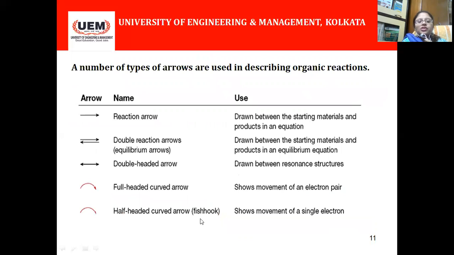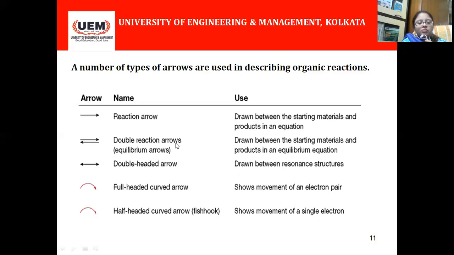Now, these are some types of arrows that we will use randomly when we discuss different organic reactions. This is a reaction arrow. This is drawn between the starting material and the product in the equation. Double reaction arrow, when will we use this?